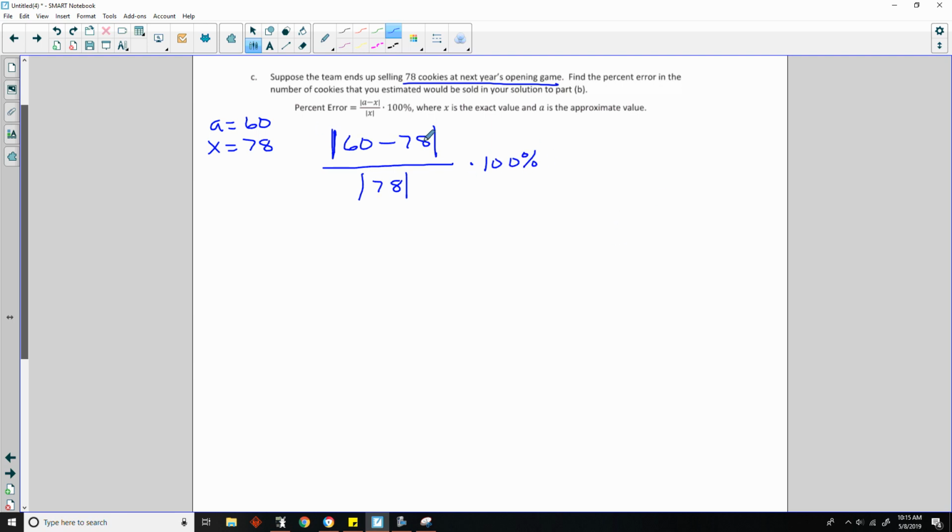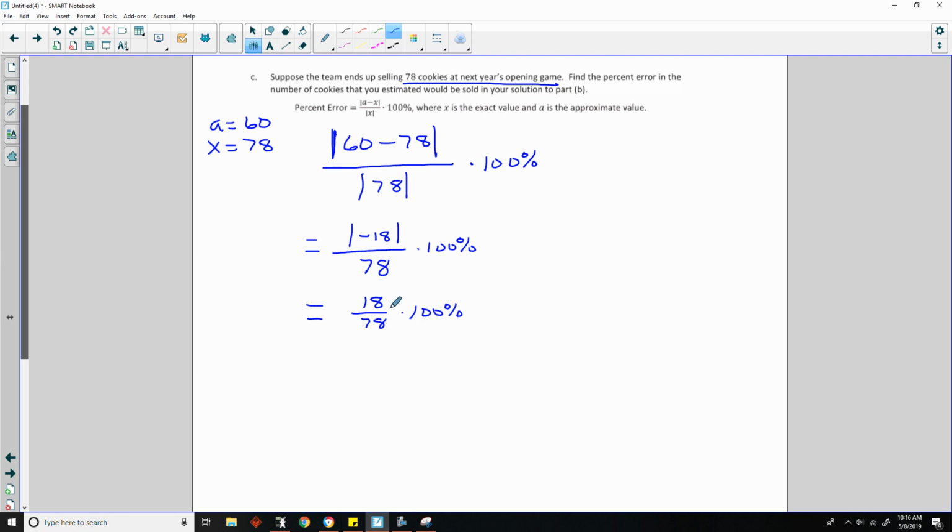So 60 minus 78 is negative 18 over the absolute value of 78, which is 78, times 100%. The absolute value of negative 18 is 18 over 78 times 100%. Okay, I can reduce that.